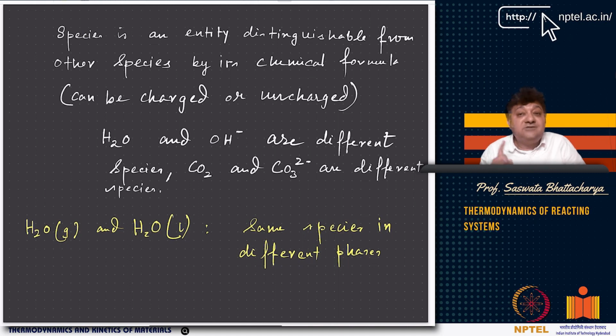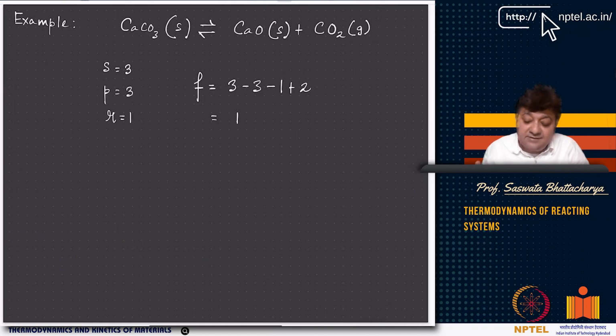However, H2O gas and H2O liquid, water vapor and liquid water, have the same formula, so they are the same species but different phases, because their formula does not change.